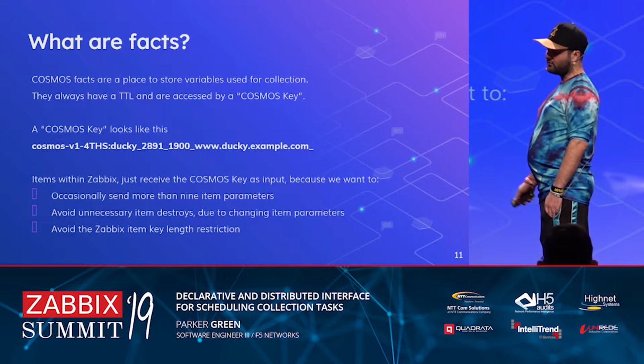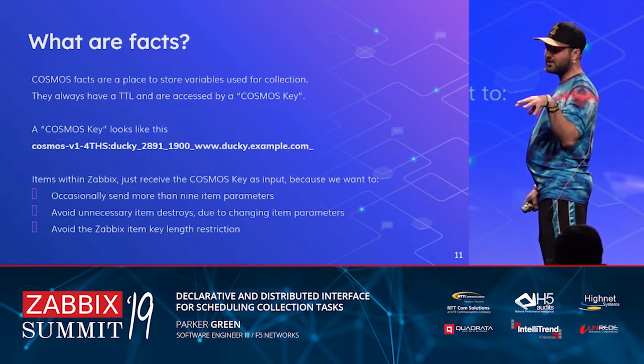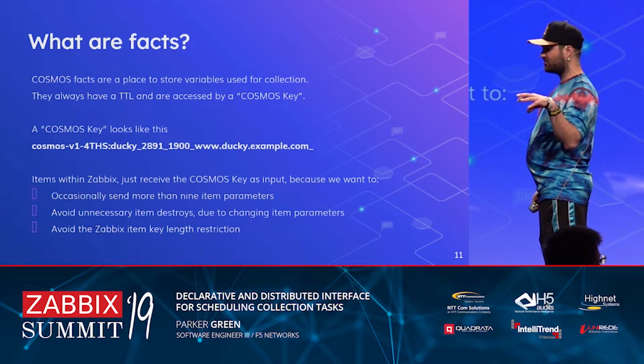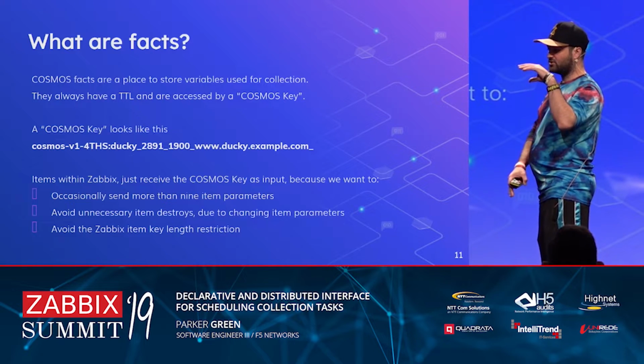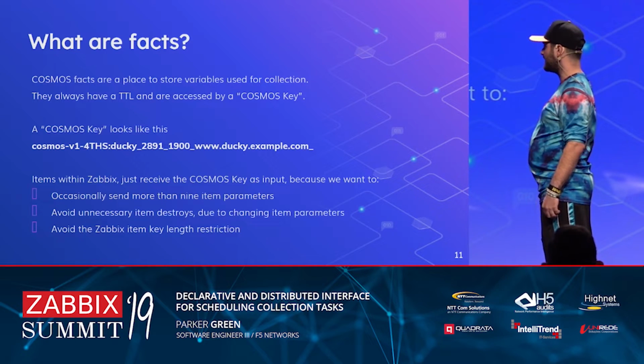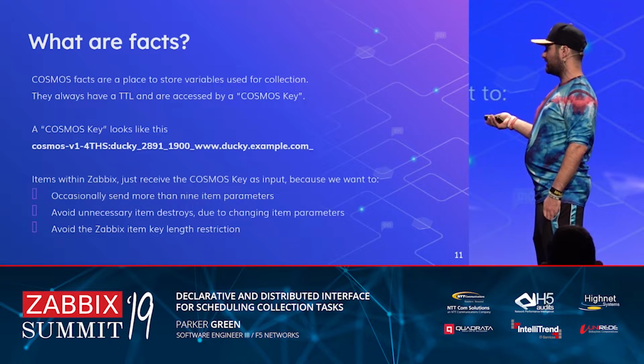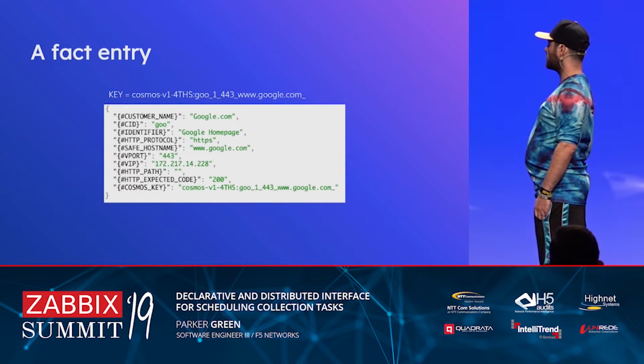We want to avoid unnecessary item destroys. If something in the entity changes that we are testing, we don't want to delete the whole item and all of the triggers just to recreate it. So we get around that, and then we avoid item key length restrictions, which is cool.